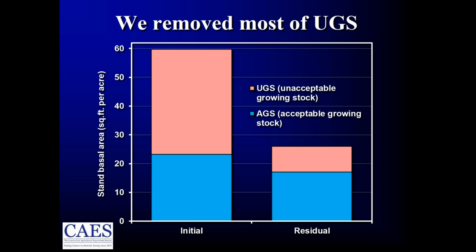Clearly, degraded stands. After we went through and did the treatment, we removed most of the unacceptable growing stock. We did leave some unacceptable growing stock. In some cases, they were white pine or cherry trees, which had poor form.